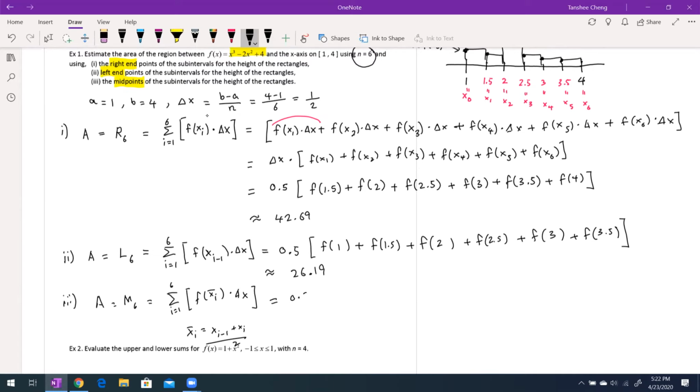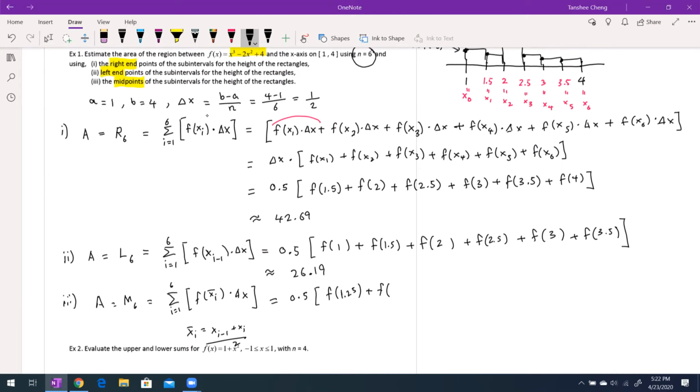So 0.5, and then the first one is between 1 and 1.5. So you take the average, which will give you 1.25, right? You add 1 plus 1.5, 2.5 divided by 2 will be 1.25. And then for the next one, you don't really need to find the average, because we know each increment is 0.5.